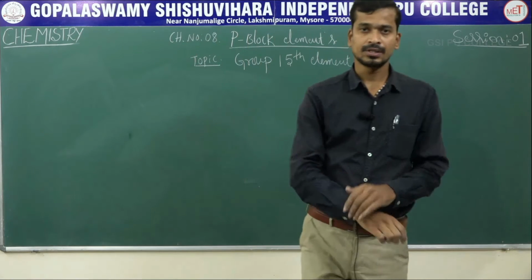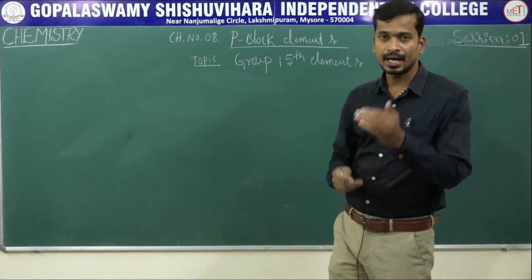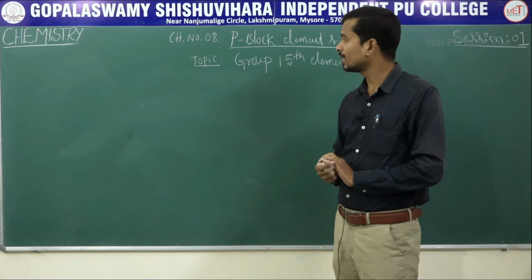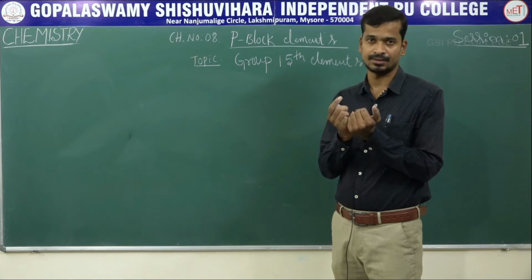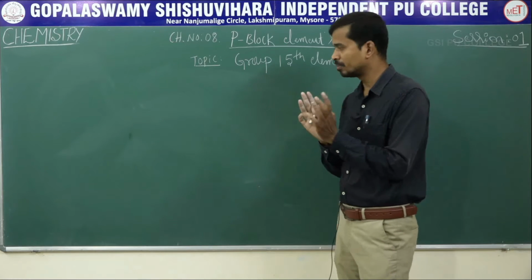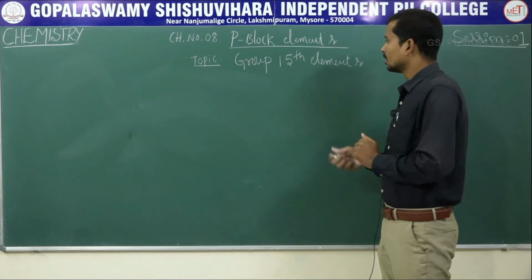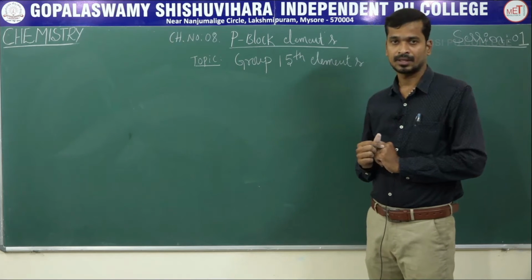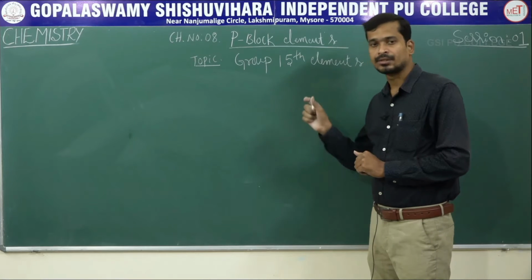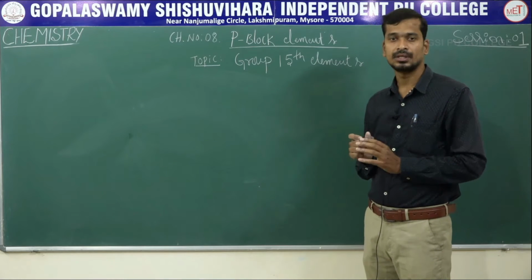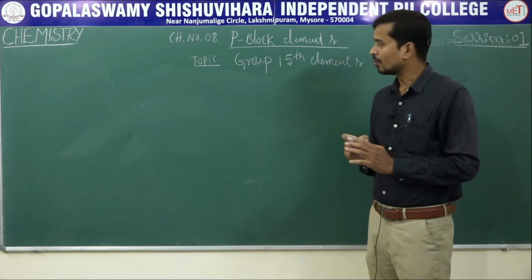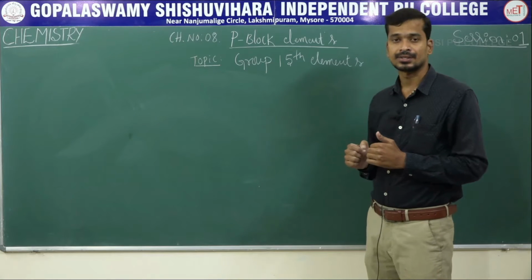Next, in your first PUC you have to study the periodicity and periodic classification of elements. Suppose you have forgotten the periodic table, go through your periodic table chapter. How many periods and how many groups are in the periodic table? What are the periodic properties?